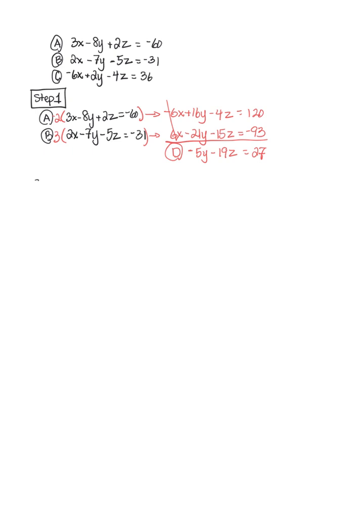Normally you're basically going to repeat step one again in step two, meaning that I'm going to try to take two equations and make it end up to one equation with just a y and a z in it. So I'm going to go back here and in this instance choose equation B and equation C. Again, still getting rid of the same letter. You must, in step one and step two, get rid of the same variable both times.